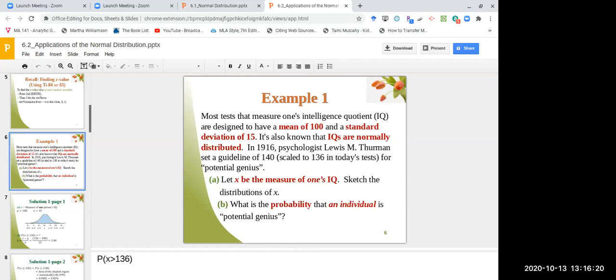So the things that are bolded are the things that we need to pay attention to the most. The mean of 100 is the middle of the distribution. That's your mu. Sigma is 15. Normally distributed, you think bell curve automatically.